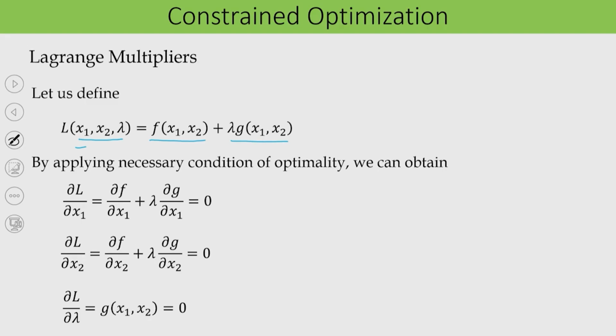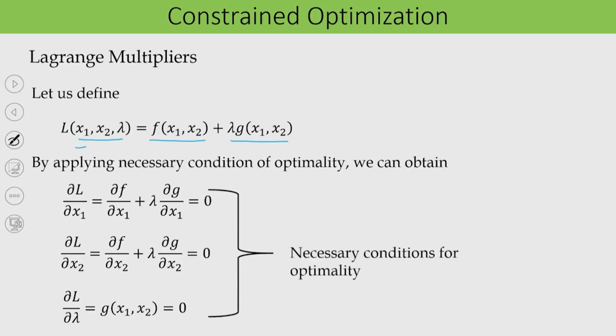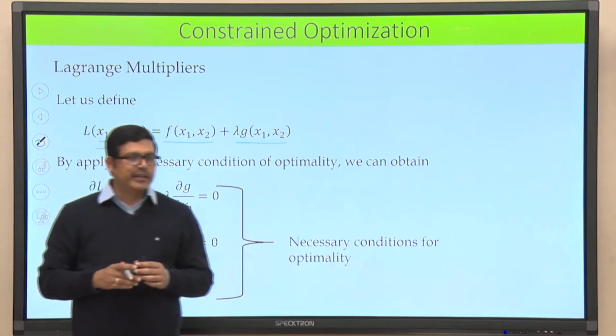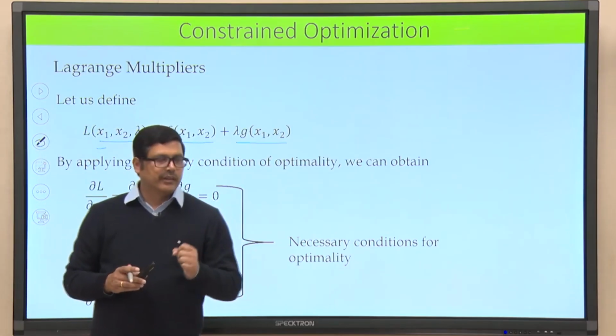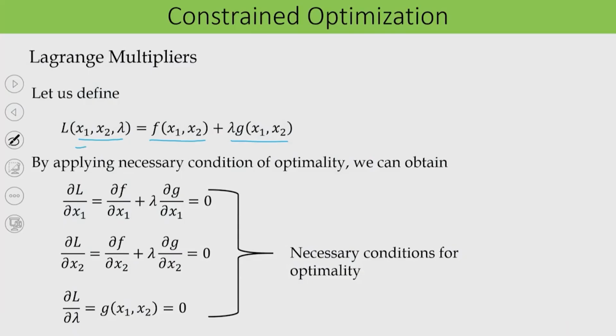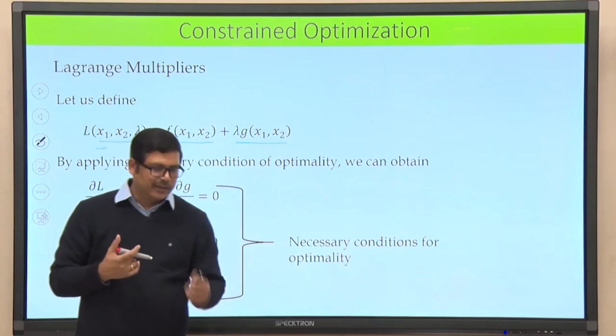And if you take the derivative with respect to lambda, you get g of x1, x2 equal to 0. So we get all these three equations, and these are the necessary conditions for optimality in a constrained optimization problem having an equality constraint. If I solve these three equations, I can find the values of x1 star, x2 star and lambda star.